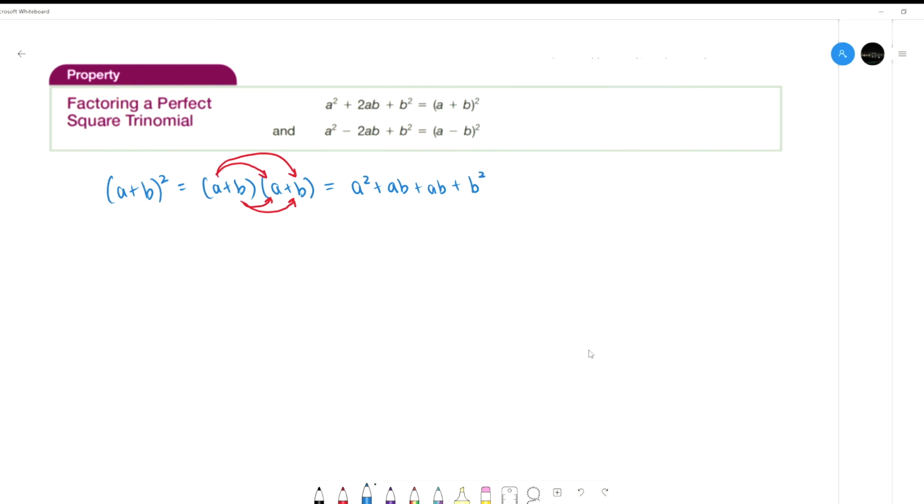And then we saw that the two middle terms, AB, are like terms. So AB plus AB, that would give us 2AB. Right? So this is A squared plus 2AB plus B squared. This is actually a perfect square trinomial. Right? This A squared plus 2AB plus B squared, that's a perfect square trinomial.